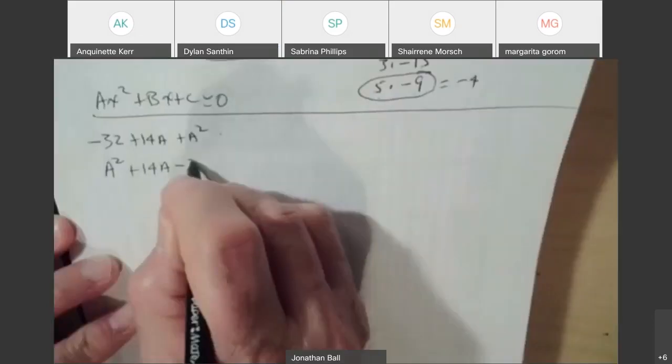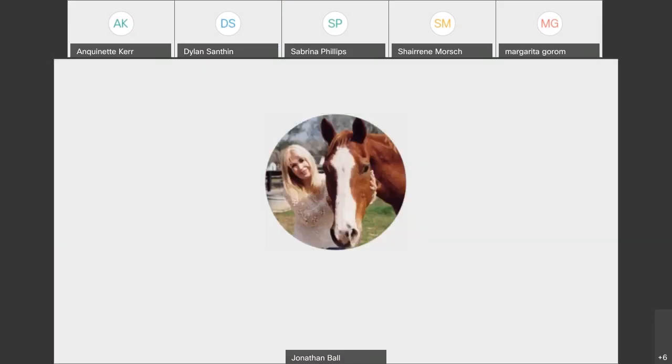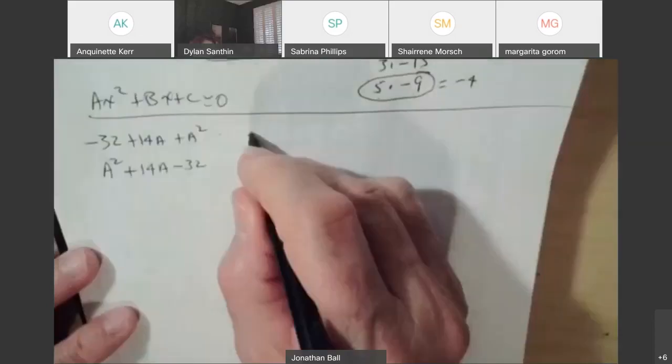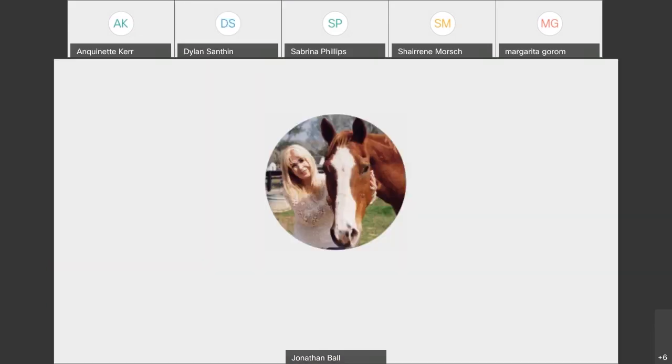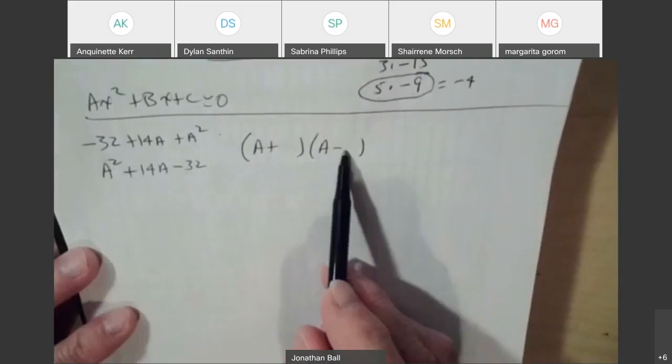Now, in order for the constant to be negative and the linear term to be positive, we're going to have a plus and a minus. Right? Positive times a negative is a negative.